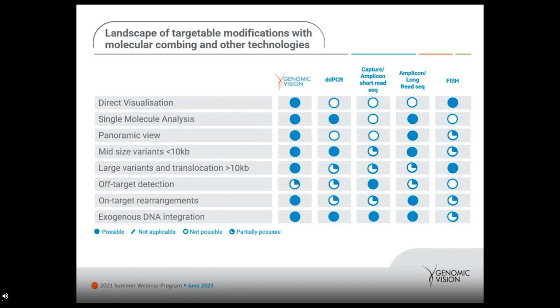Digital PCR, and short and long-read sequencing are also powerful technologies and can be used to assess gene-edited outcomes. But none of these technologies combines the visual and quantitative aspects that are really unique to molecular combing.